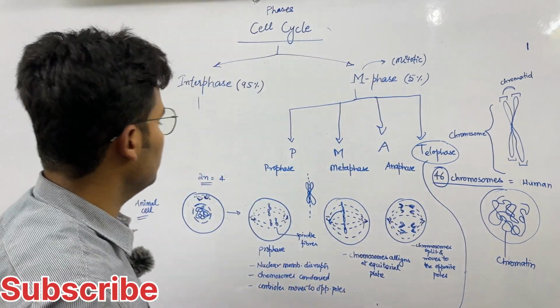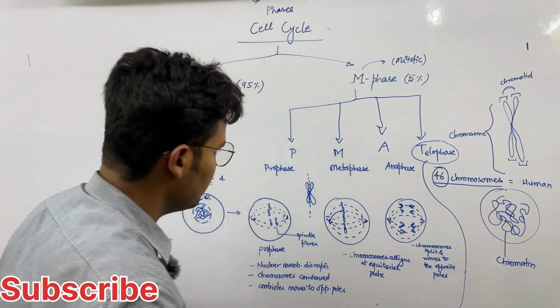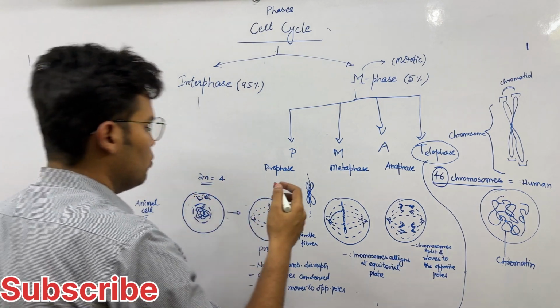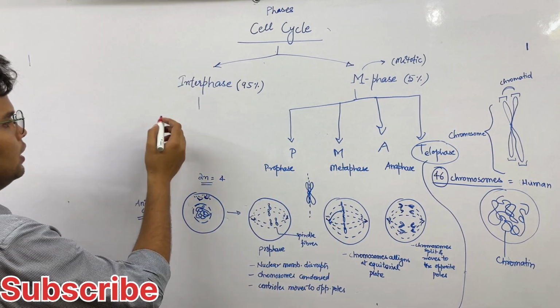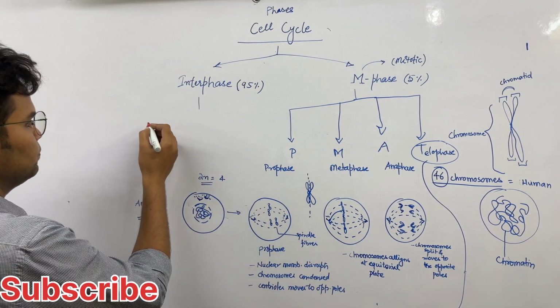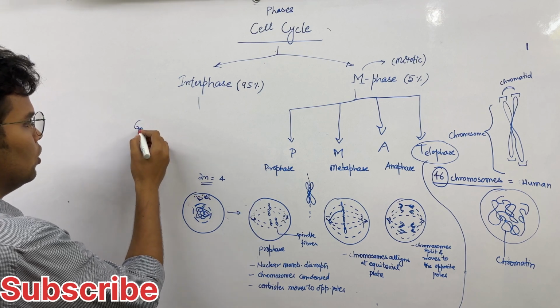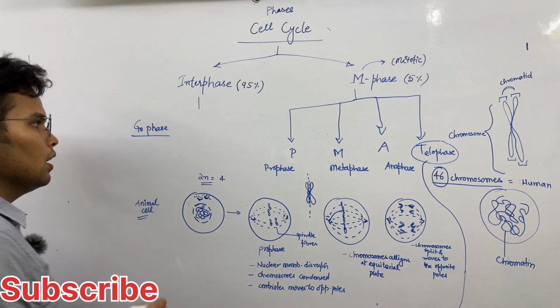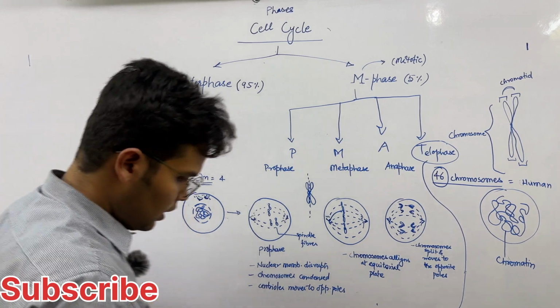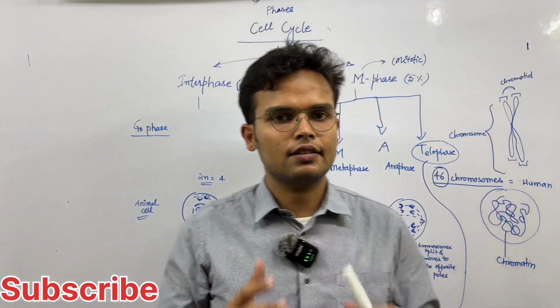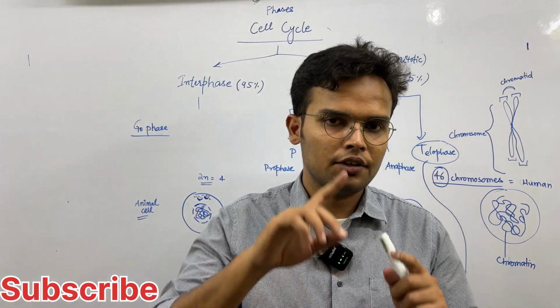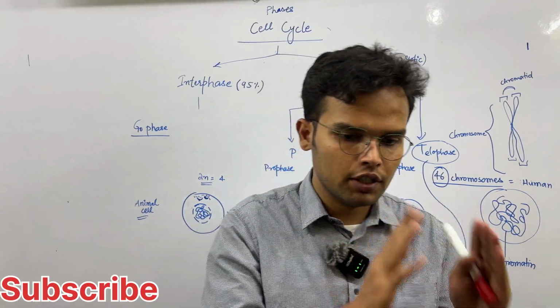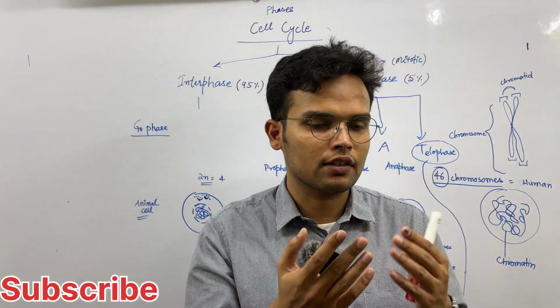And now if we discuss one more point, you must have read about the G0 phase also. What is this? Let's suppose a cell has completed its cycle, that is G1 phase, S phase, G2 phase as well as M phase.